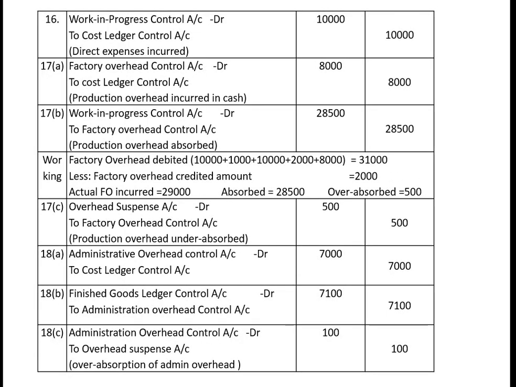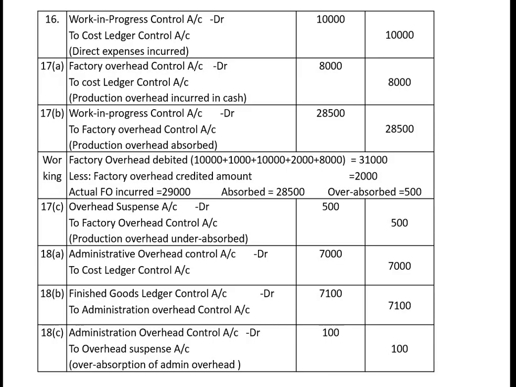Then entry number 16 is direct expenses. Direct expenses are charged to production because they are part of prime cost. So work in progress control account debit 10,000, to cost ledger control account 10,000.